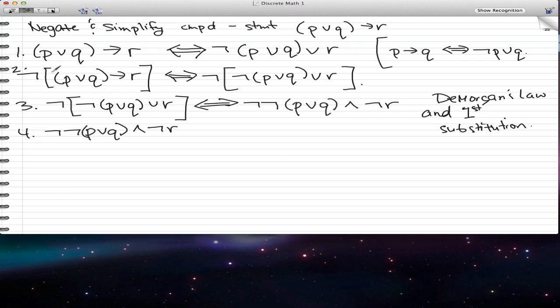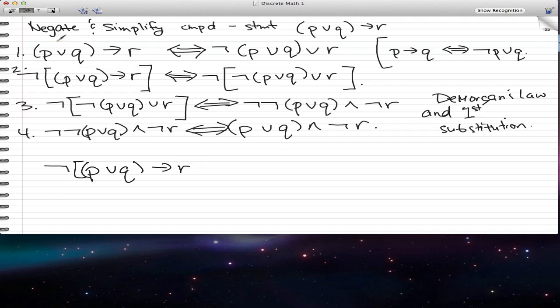We don't jump from the start line to the finish line, but we take it one step at a time. So negating in this area would just give us P or Q. And that's all we can do on this side. So there you have it. From steps 1 to 4, we found the negation of P or Q implies R, which is what we wanted.